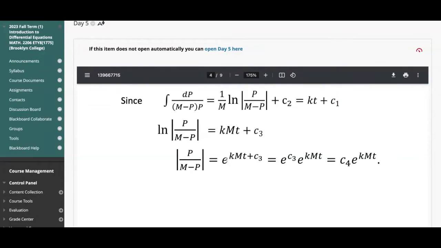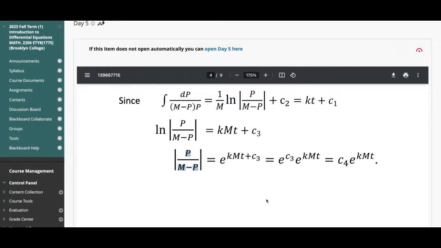That means we have e to the power kmt plus a constant equals the absolute value of p over (m minus p). We know m is greater than p, but we don't know about p itself. Maybe p can be negative. Can p be negative? We don't really measure population negatively. Anyway, this absolute sign is not necessary.